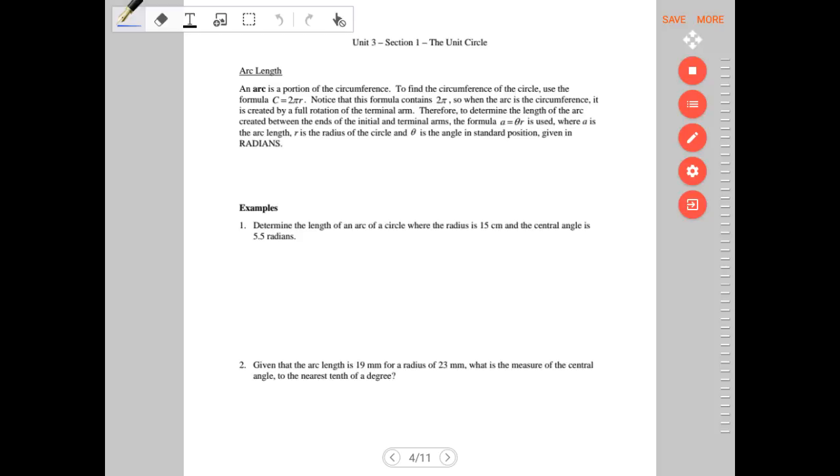All right, how did we get that formula? Well, remember, if we have a circle, then there's my initial arm. Let's say that's my terminal arm, and there's my angle theta. So theta is a portion of 2 pi, because 2 pi, again, would be the entire rotation. Then the arc created by angle theta would be proportional to the circumference of the circle, because it's a portion of the circumference.